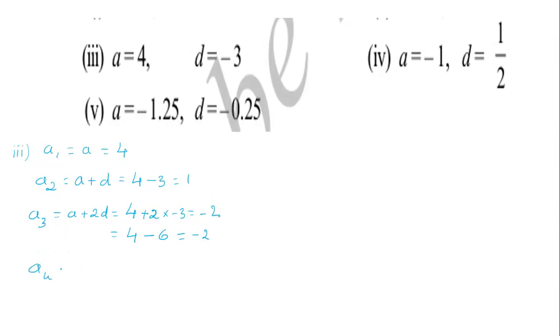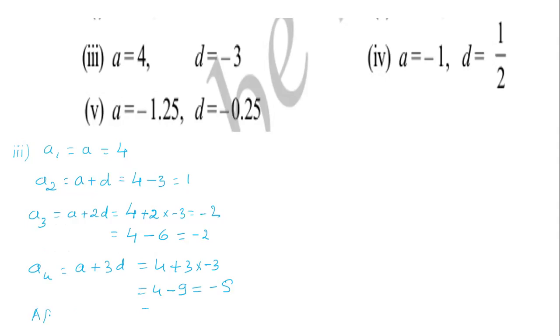A4 is equal to A plus 3D, that means 4 plus 3 into minus 3, this is 4 minus 9, 4 minus 9 is minus 5.